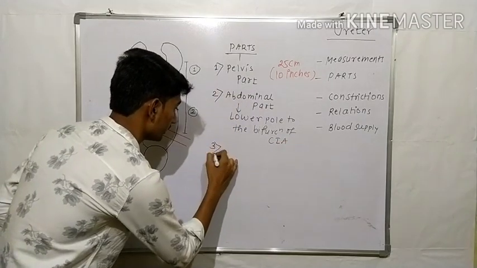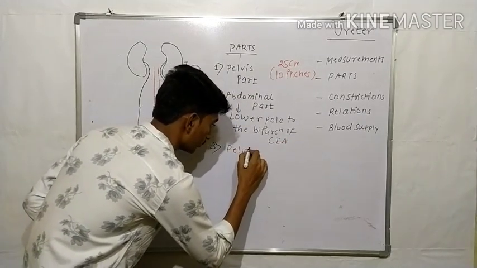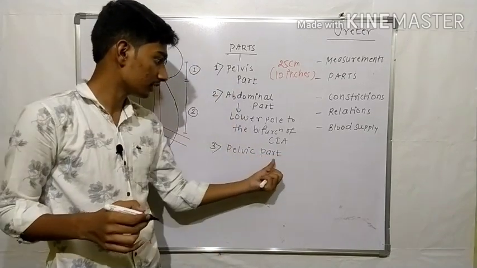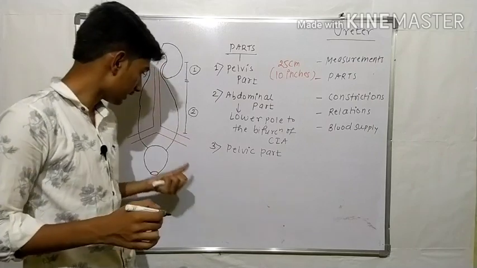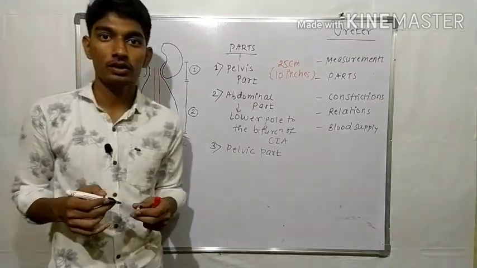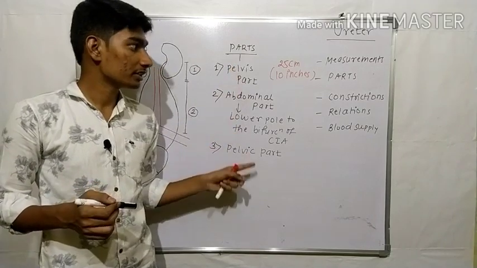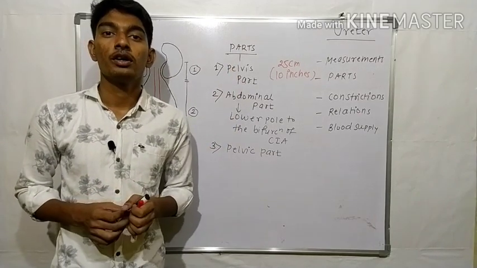And third part is known as pelvic part. It extends up to the urinary bladder. These are the various parts of ureter.